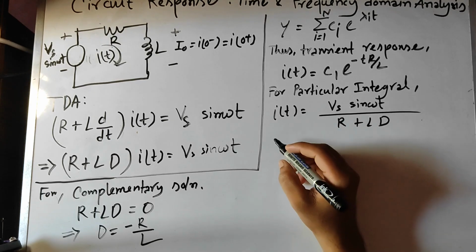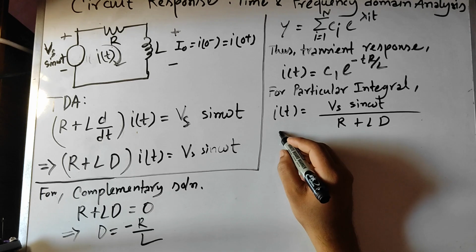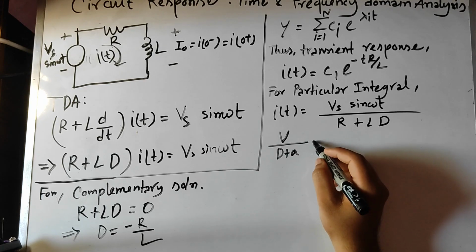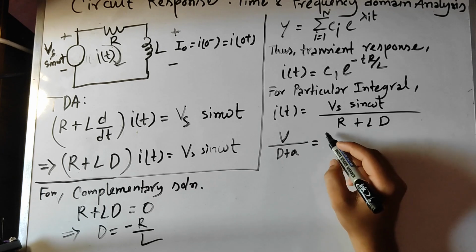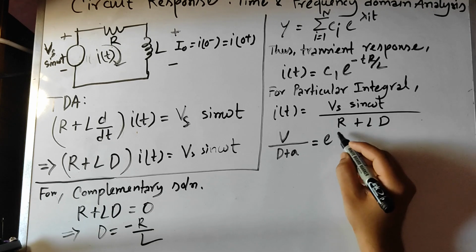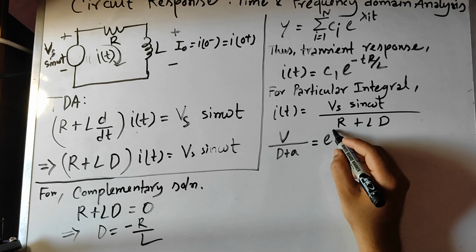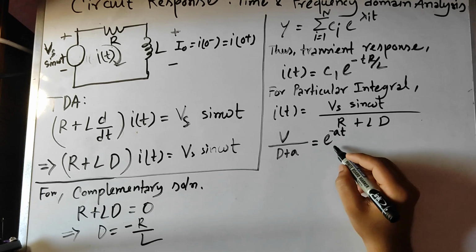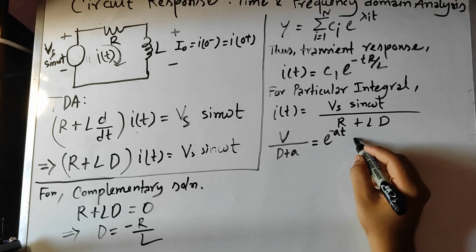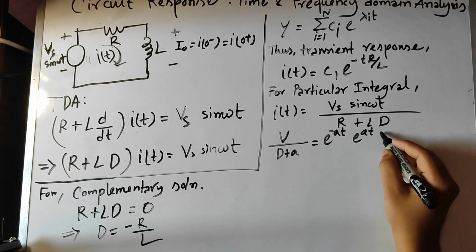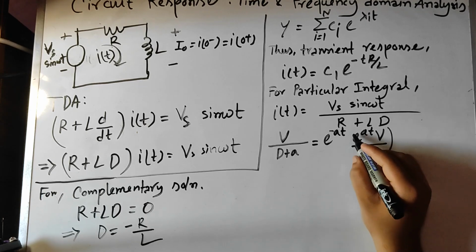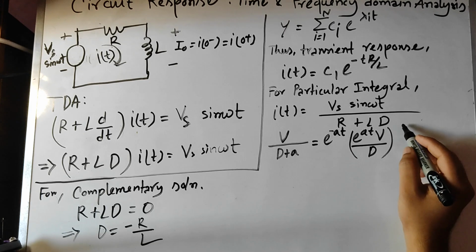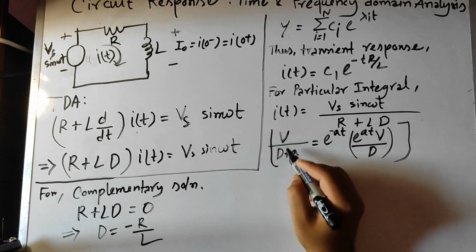One of the formulas is: say we have V function by (D plus a), which can be rewritten as e to the power minus at times e to the power at V by D. So this is the basic formula. We are going to use this.